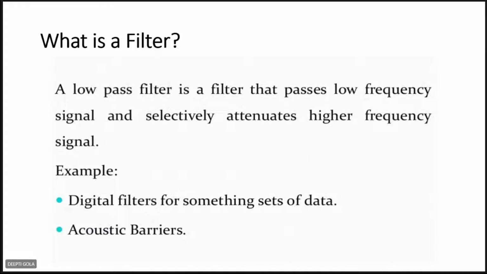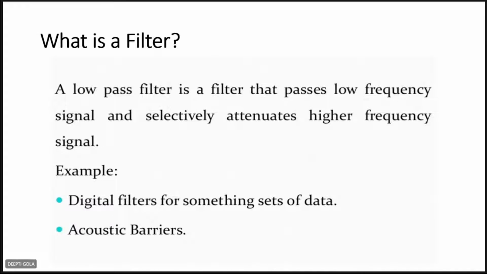So first of all, what is a filter? Can anyone tell me what a filter is? A filter is a circuit which passes a certain band of frequencies and attenuates the other band of frequencies.